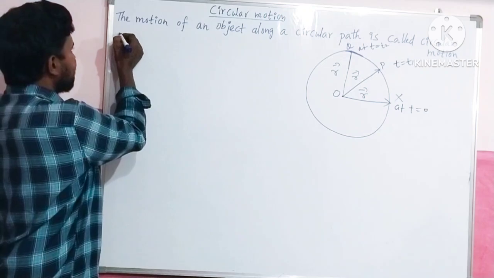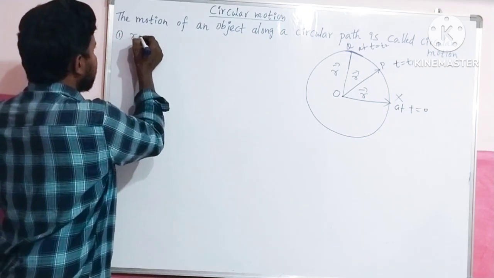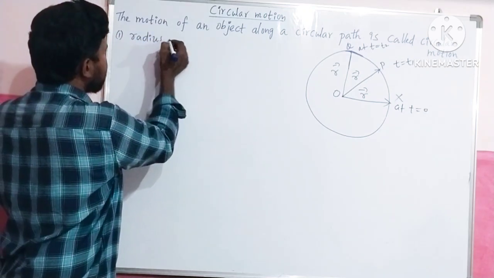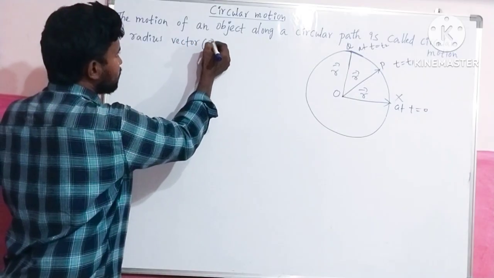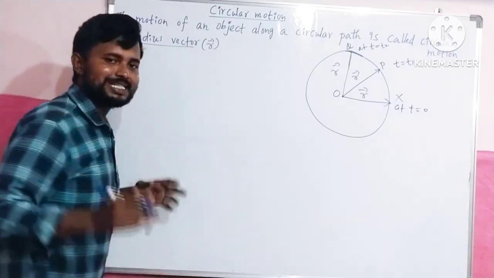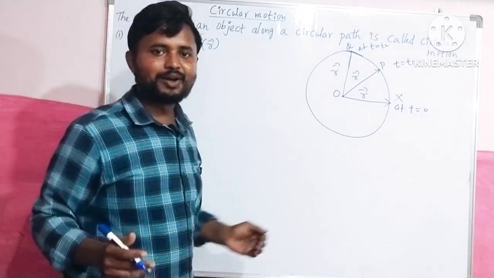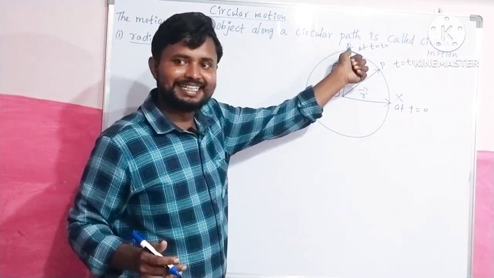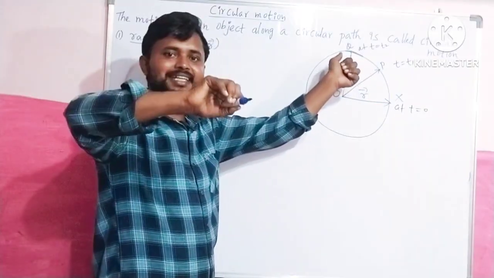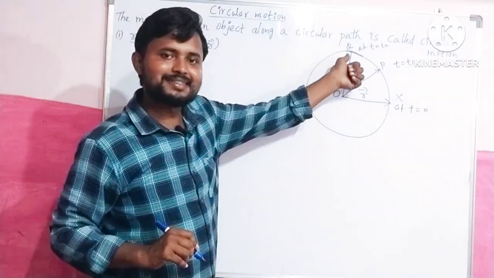First angular kinematics quantity: radius vector. The line joining the center to the circumference of a circle at any instant of time is called the radius vector.